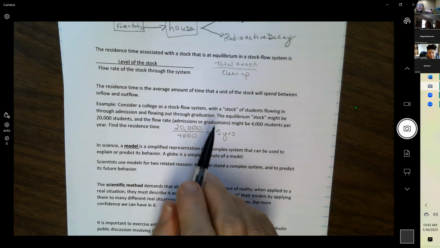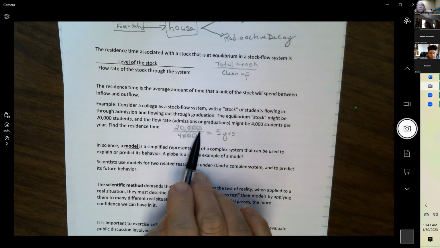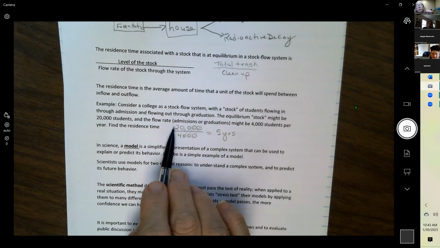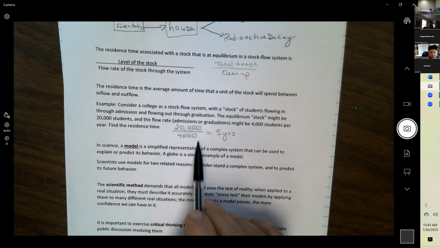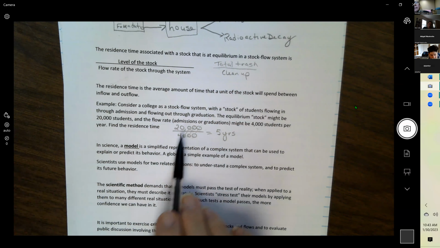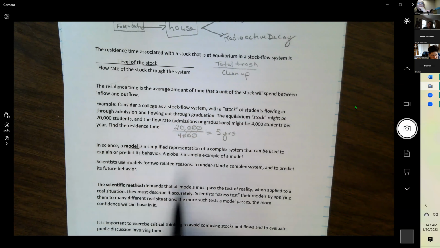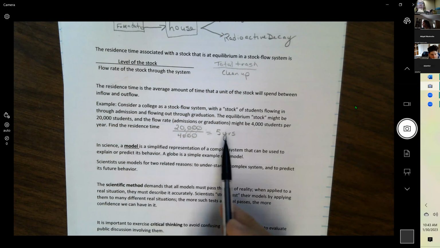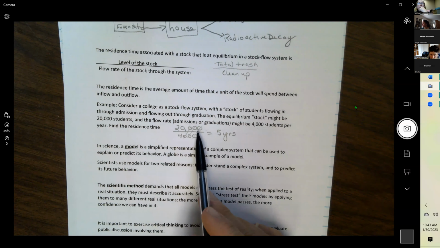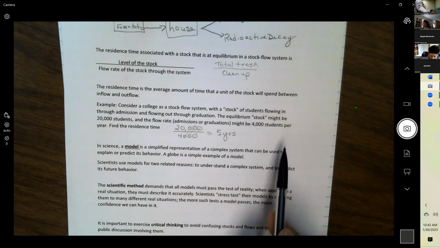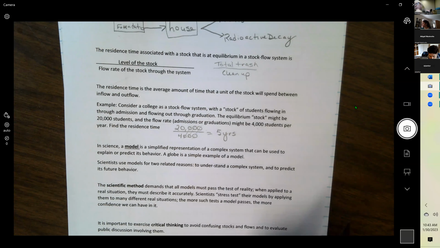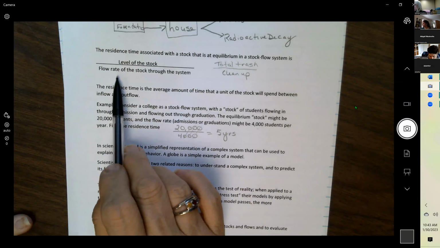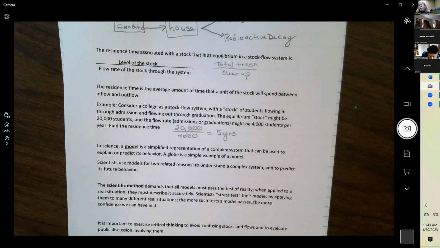So this is saying at any one time, there's 20,000 students on campus or going to school. It's not looking at how many, that's not the inflow, I guess. This would be the total students. The bottom could be going in or out, depending on which way you want to think of it.